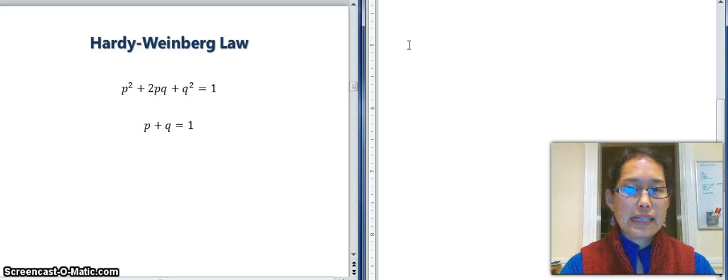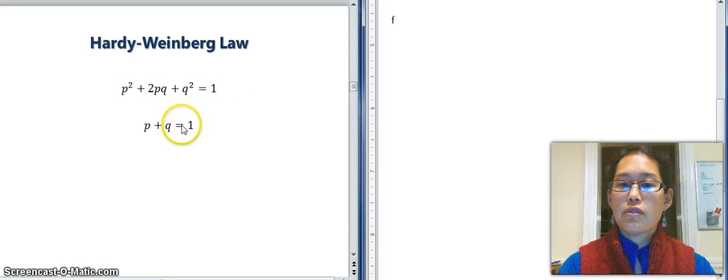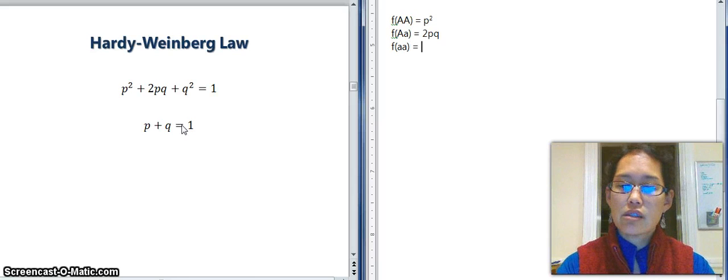This is what we would expect to happen: the frequency of big A should equal P squared, the frequency of heterozygotes should equal 2PQ, and the frequency of recessive homozygotes, in this case, is Q squared.